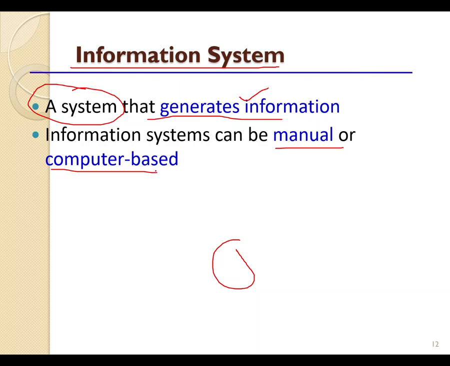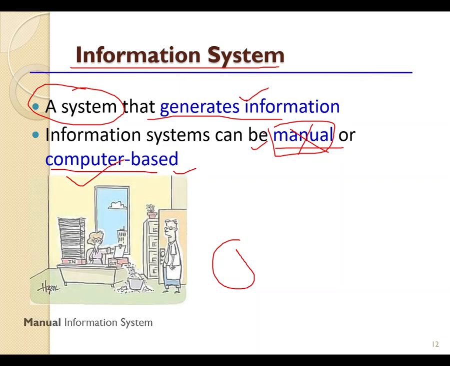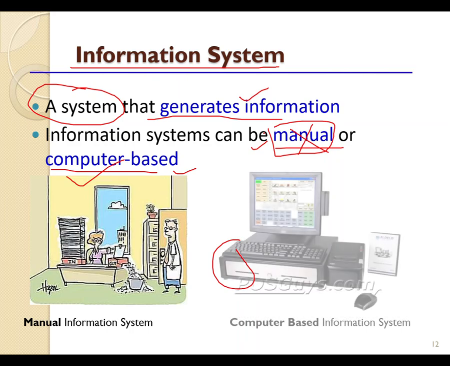Even more errors are there, because humans make errors. So if we go for manual systems, we experience much more trouble. So the best method is going for computer-based technologies. Manual systems are like this, and computer-based ones are quite better. Right.